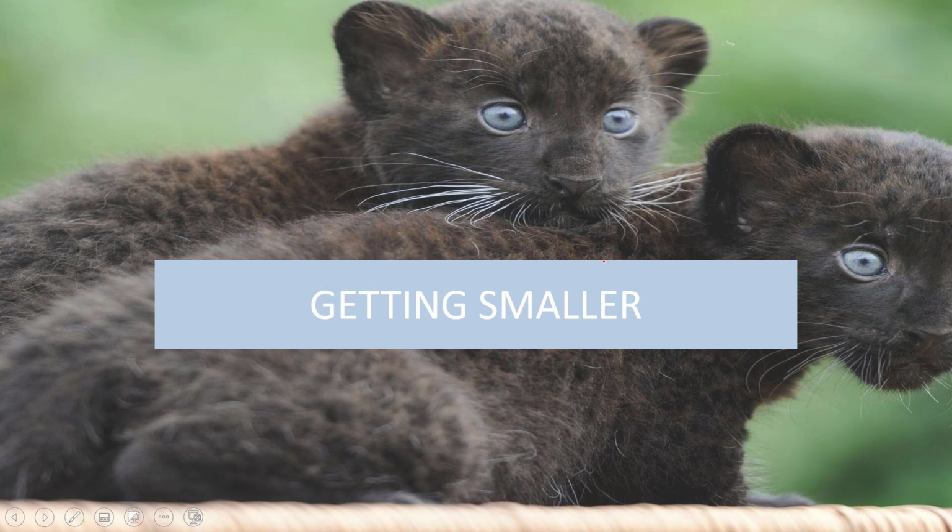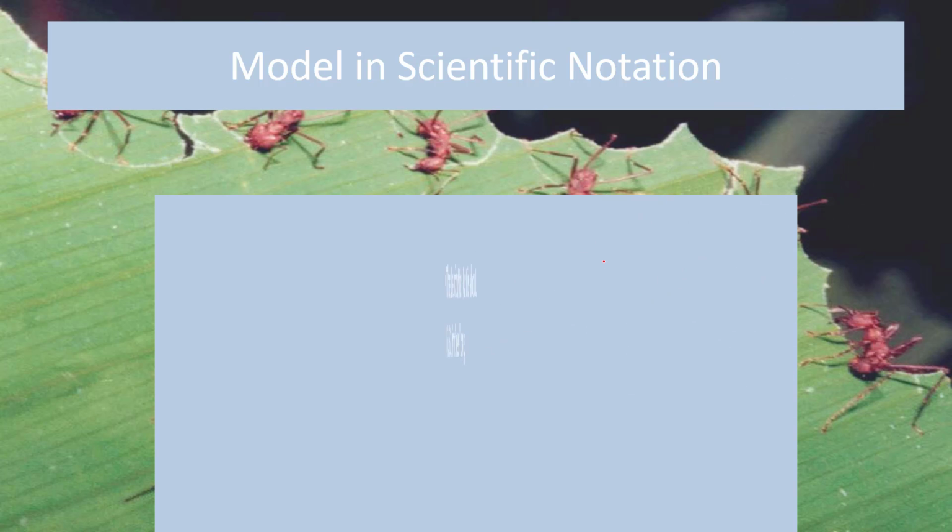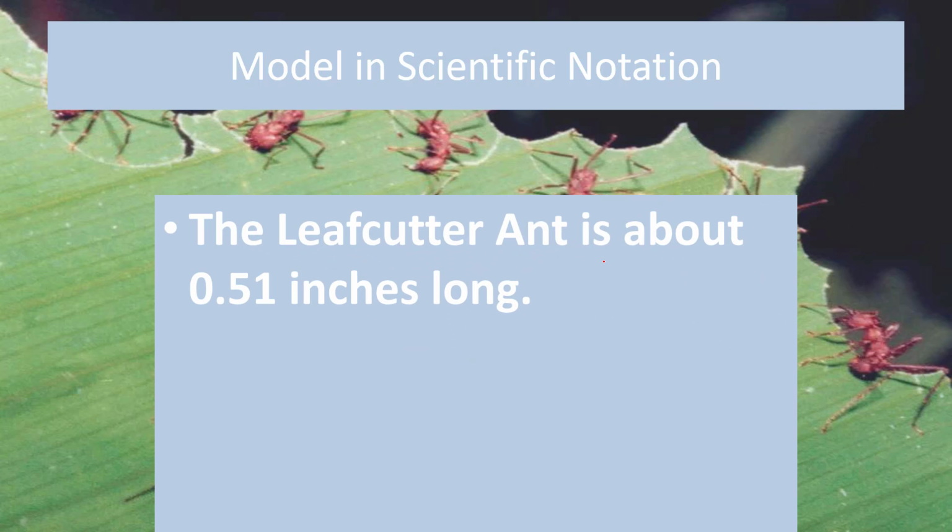All right. Now, all of those were examples of numbers that were really large. What about when you have information that's really small? Like maybe the leafcutter ant, which is about 0.51 inches long. Remember that our first term needs to be greater than or equal to 1, but less than 10.